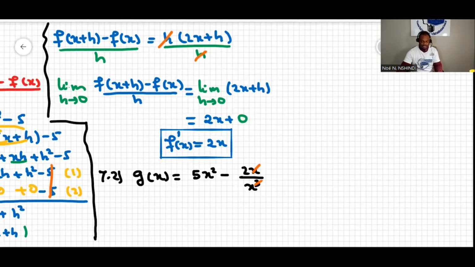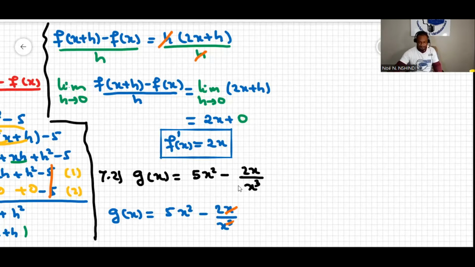So g of x is 5x squared minus 2x over x cubed. I prefer to simplify this function before solving it.